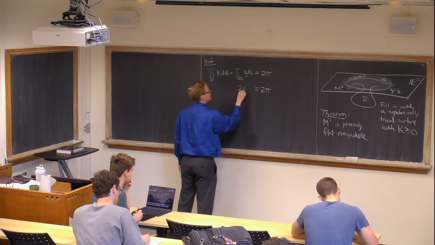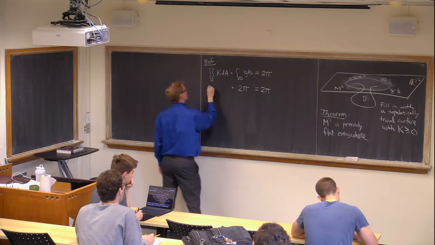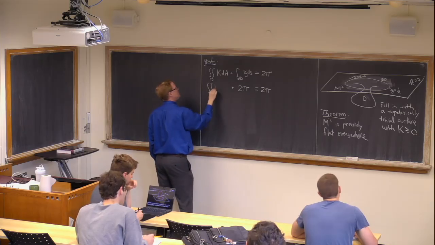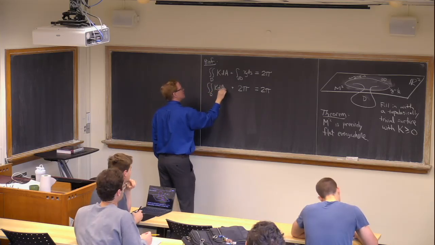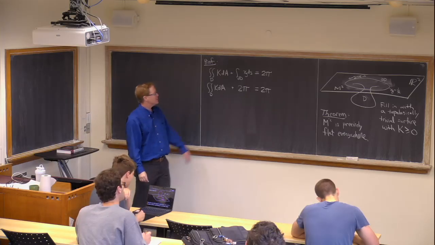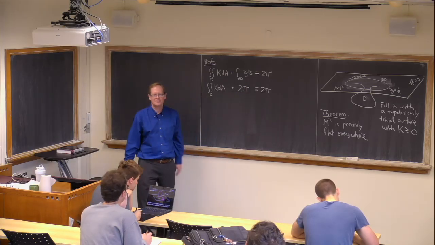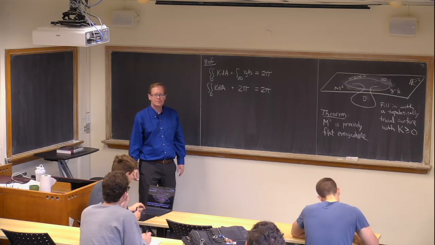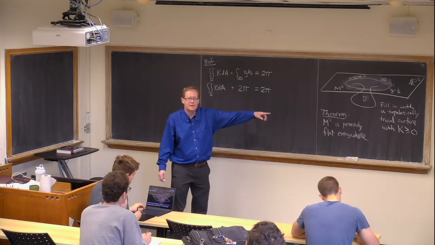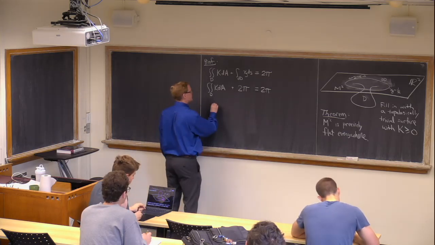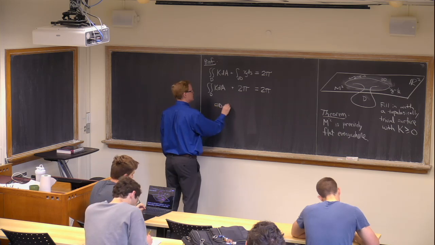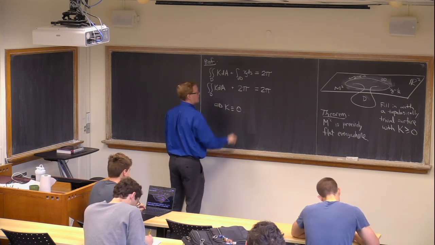So this gives me a 2 pi here as well, doesn't it? Well, the 2 pi's cancel. It means the integral of the Gauss curvature is 0. But you said that the Gauss curvature has to be greater than or equal to 0. And so then this implies that the Gauss curvature is in fact identically 0.